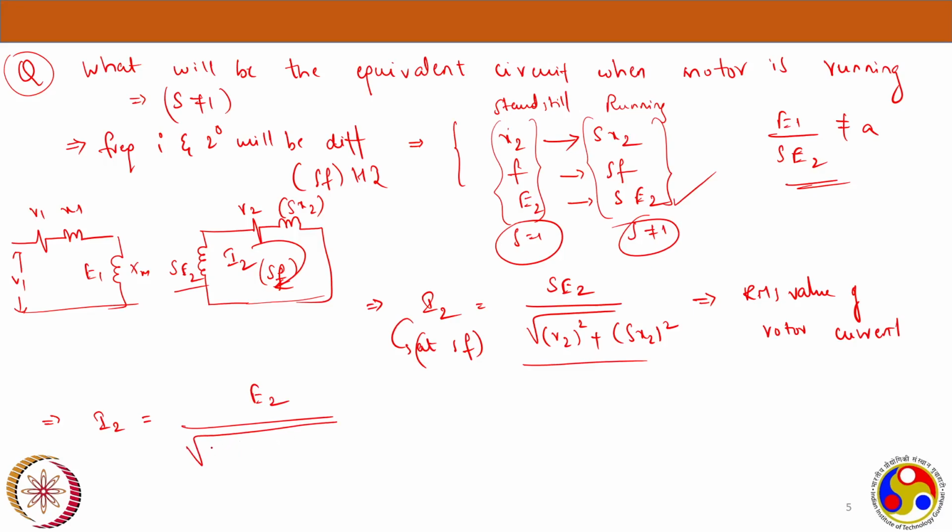I will take it inside, and R2 by S whole square plus X2 square. Right? Now if you see this expression and this expression, it is the same, I just divided by S.